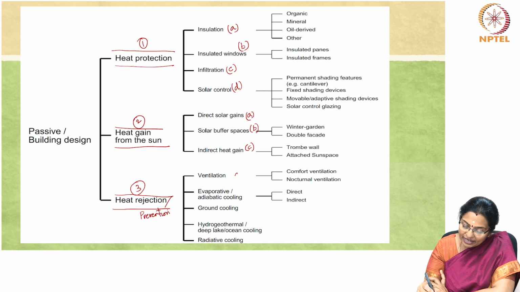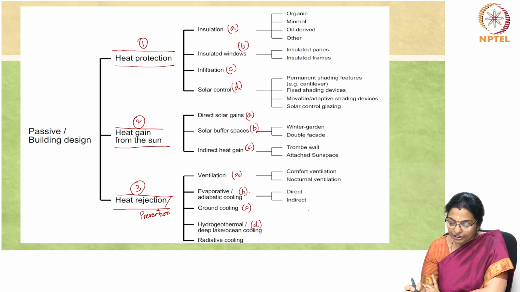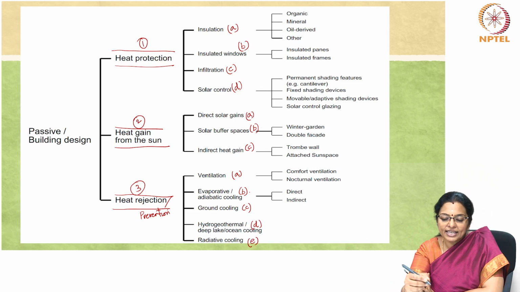This can happen by ventilating the building, by evaporative cooling, ground cooling, using geothermal or deep lake or ocean cooling, and by radiative cooling.